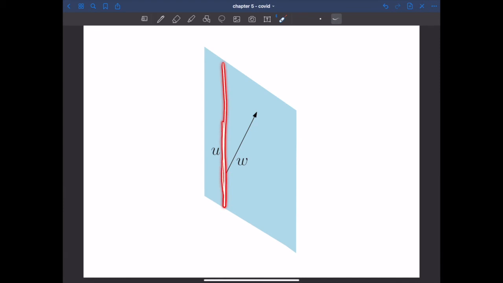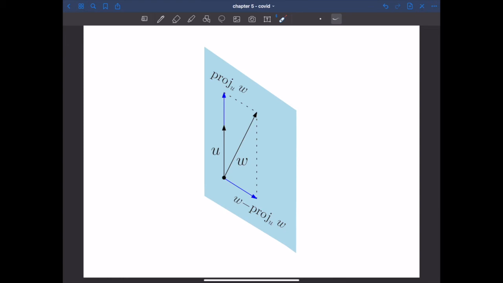And if you remember from the previous section, if you have a vector w and you have a subspace like the one spanned by u, you can always split w up into two pieces. The first piece lives in the subspace, and that's the projection of the vector w onto the line spanned by u. The second piece is the orthogonal component of the vector w with respect to the subspace spanned by u.